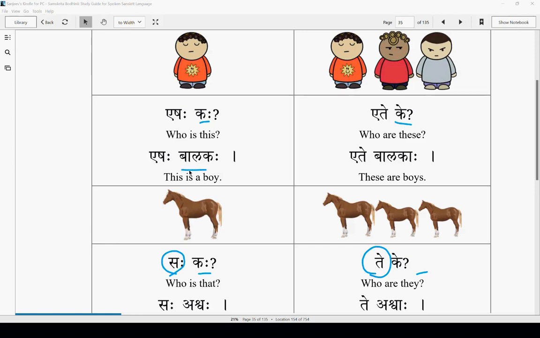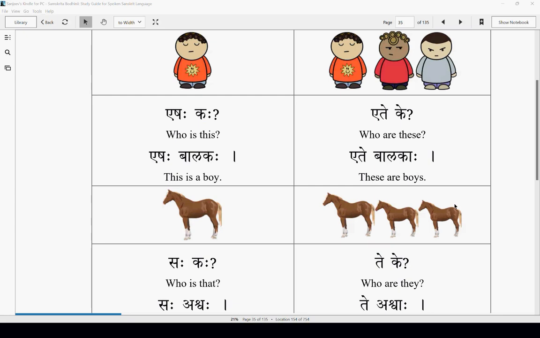Then accordingly, balakaha changes to balakaha in bahuvachanam, and ashwaha to ashwaha. So how do we know this? Obviously you can practice this. Eshaha kaha, ete ke, saha kaha, te ke.